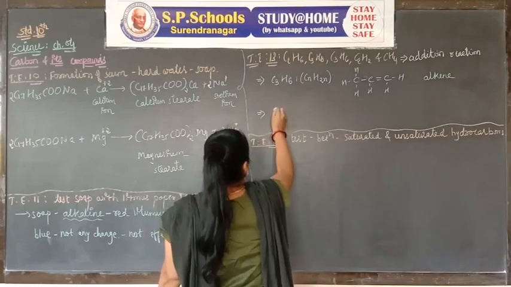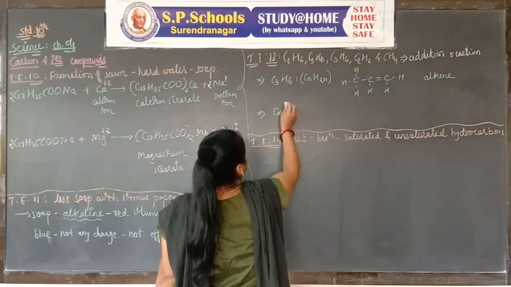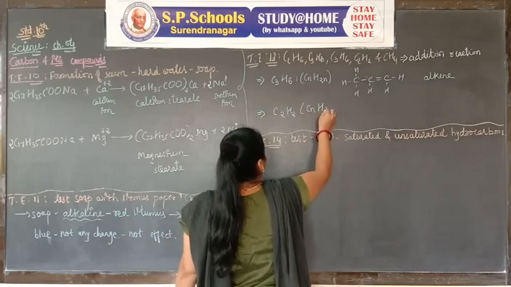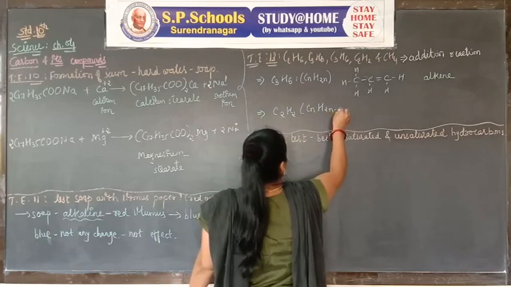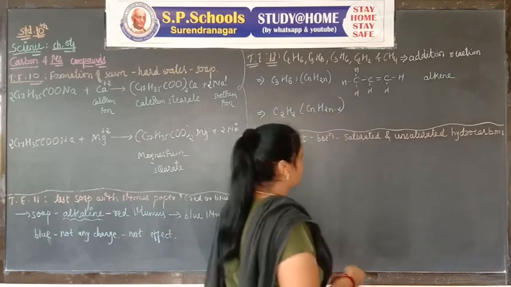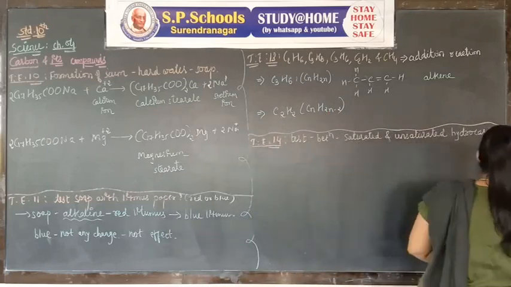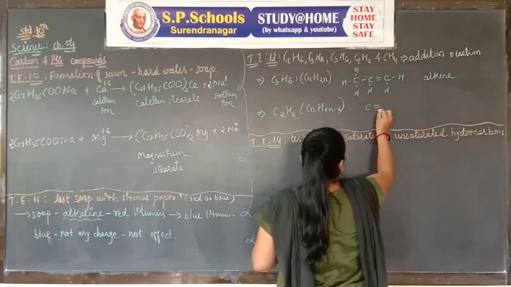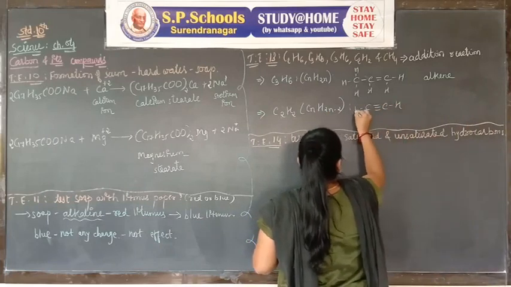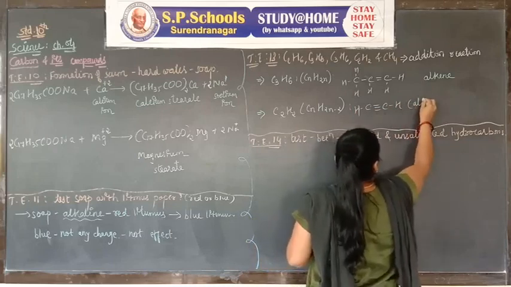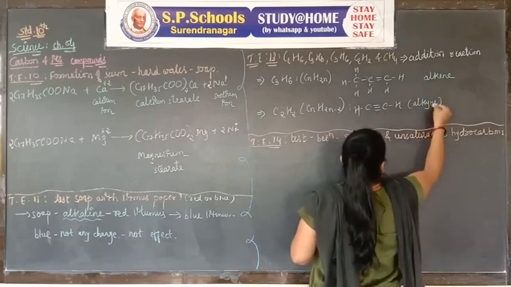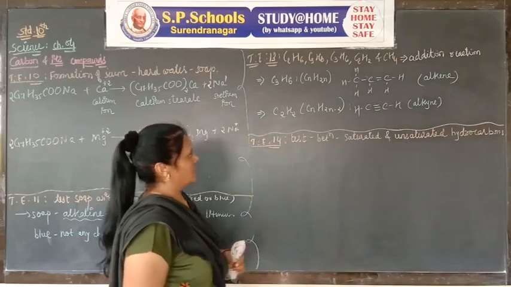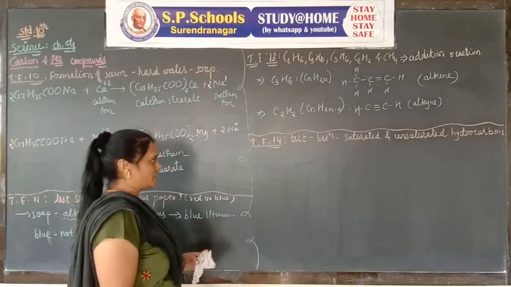The second is C2H2, which fits CnH2n minus 2, so a triple bond forms, C triple bond C, and this is called an alkyne. So we differentiate the hydrocarbons in the case of addition reaction.